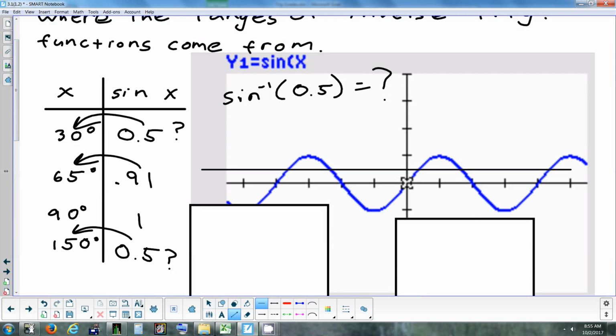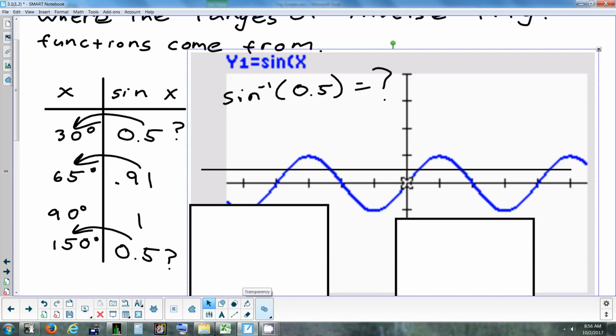Forever, right? They would just keep crossing. And the idea is that everywhere they cross is another answer to an inverse sine problem. Every single place they cross. So maybe they're crossing at 30, crossing again at 150. It's going to cross again later on, but it's going to keep crossing forever.